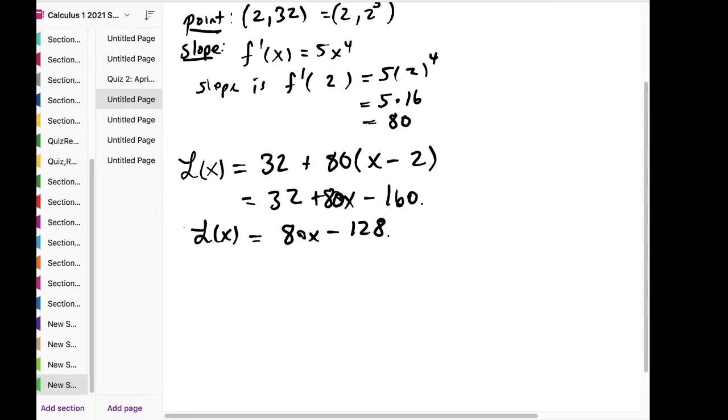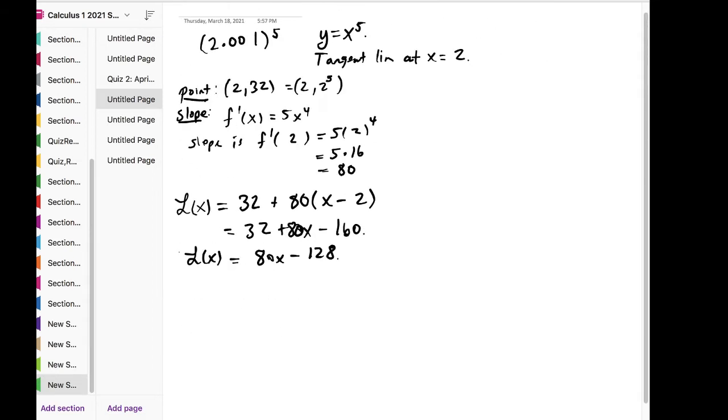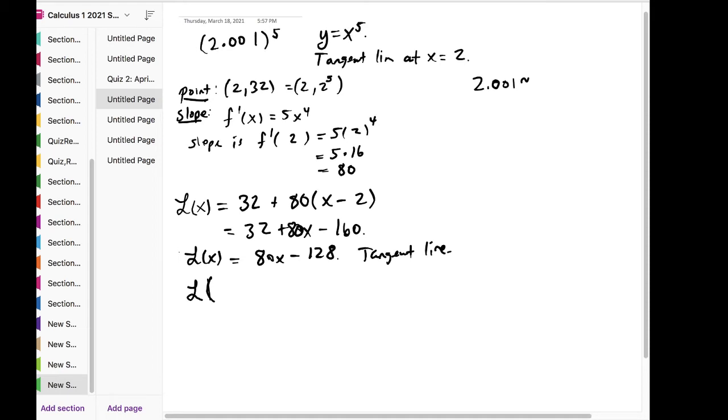Okay, so what do we do with our linearization, our L of x? Not plug in 2, but 2.001, yeah. And by the way, 2.001 is equal to 2001 over 1,000.